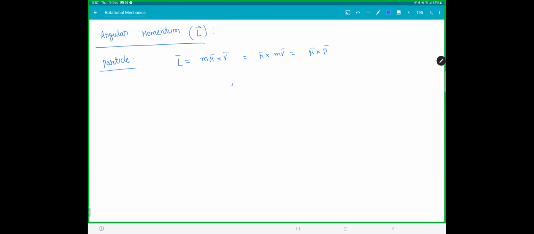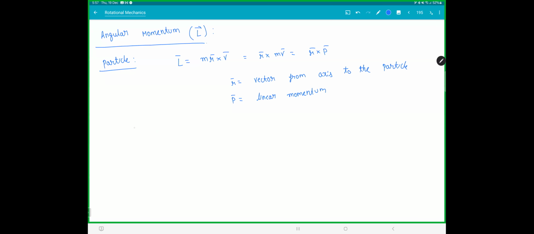So r bar is a vector, just like torque is r cross F bar. This is a vector from the axis to the particle. P bar is your linear momentum. This is the relation between linear momentum and angular momentum.